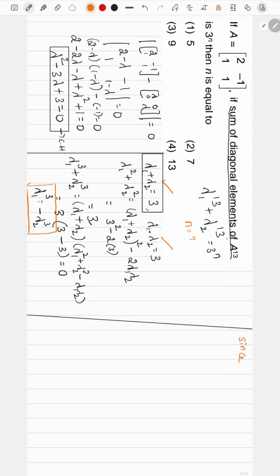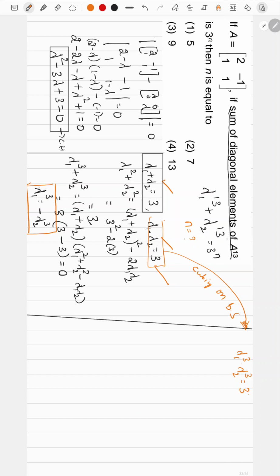Since from this one we can write lambda 1 into lambda 2 is equal to 3, do cubing on both sides, then we get lambda 1 cube into lambda 2 cube, which is equal to 3 cube.